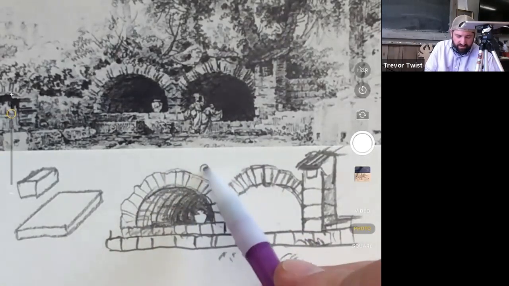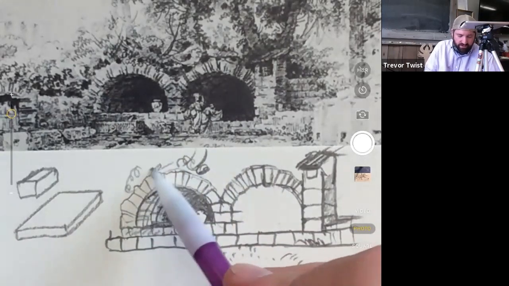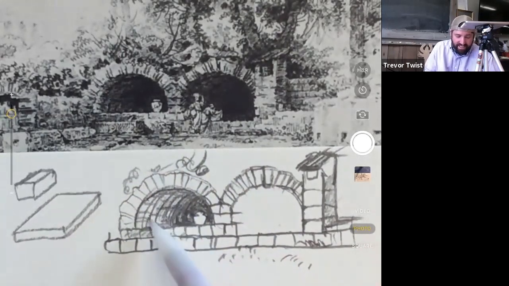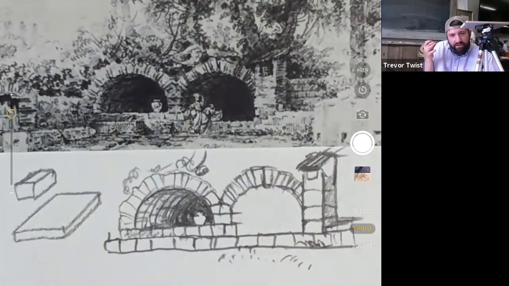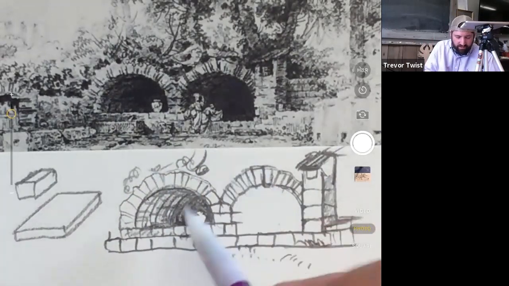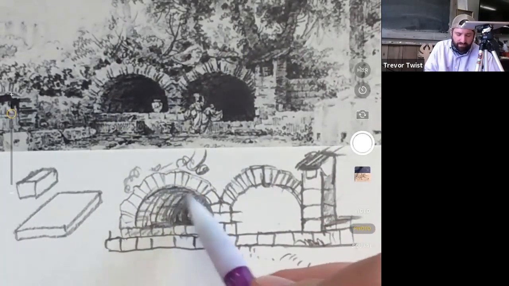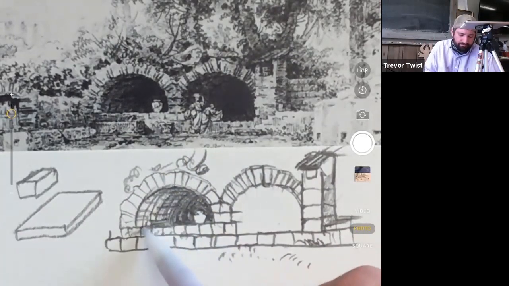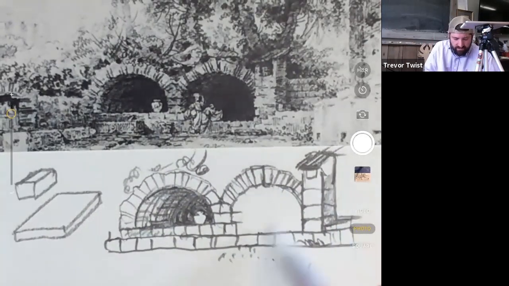We got some bushes up here, some tree branches, some shrubs growing on top. What's inside is damp and dark. I can almost hear the droplets of water dripping off of the cylindrical rooftop of the tunnel.